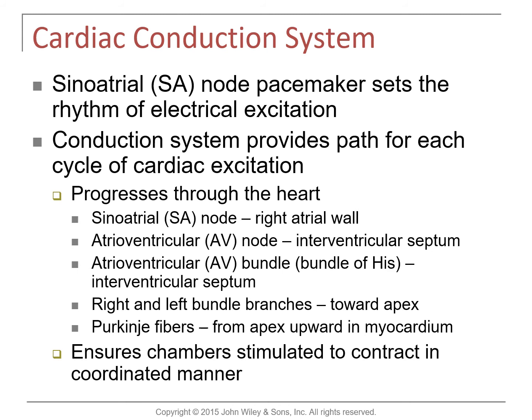The Purkinje fibers then bring the signals to the muscles of the ventricular myocardium, causing the ventricles to contract. So this pathway ensures that the atria contract together, followed by contraction of the ventricles, and this ensures coordinated contraction and maximal filling and then emptying of the ventricles, leading to blood ejection.